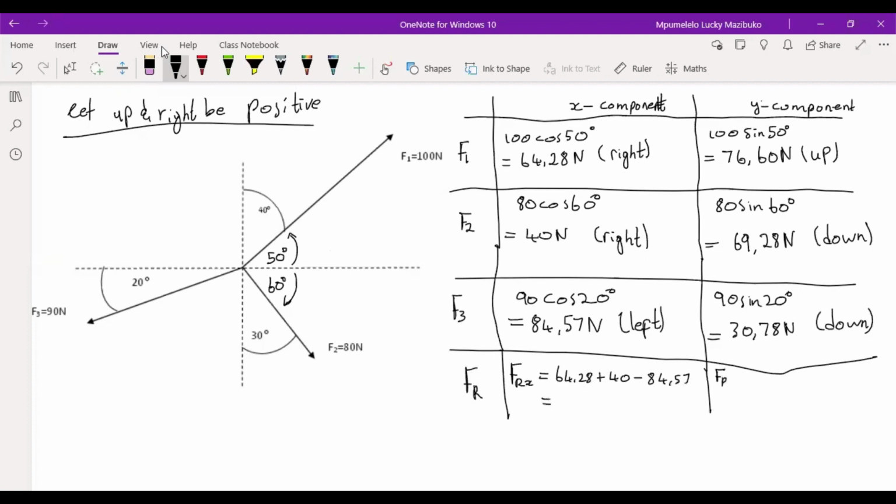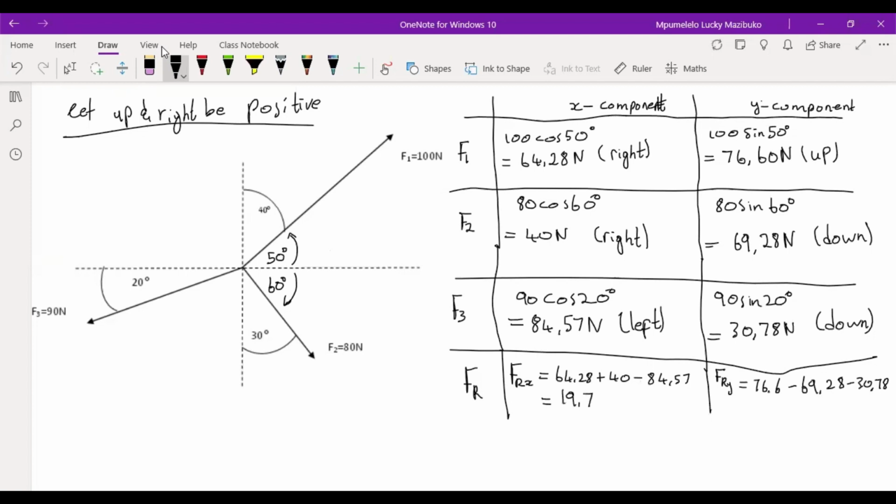This side, FRY, would be 76.6 minus 69.28 minus 30.78. Okay, let's get to our calculators quickly. 64.28 plus 40 minus 84.57, and it's 19.71. That's what I got too, sir. Perfect.